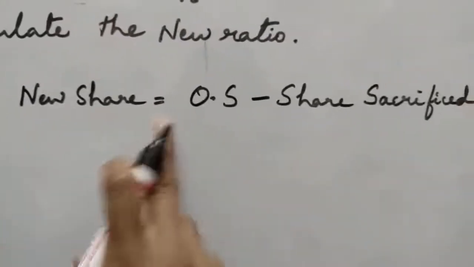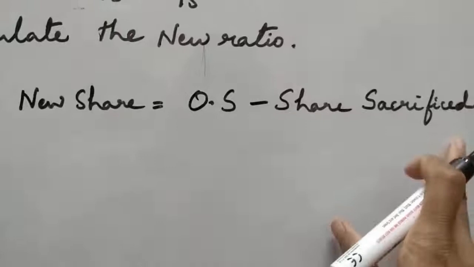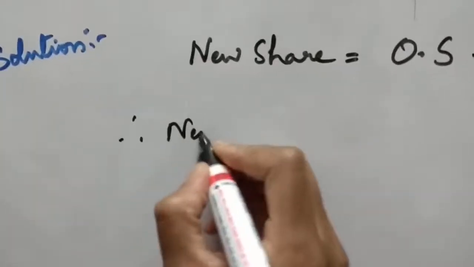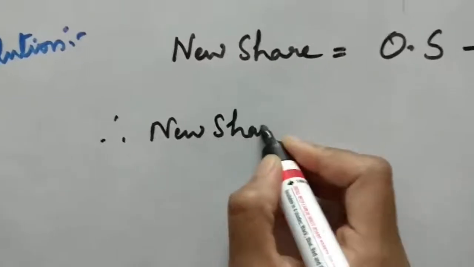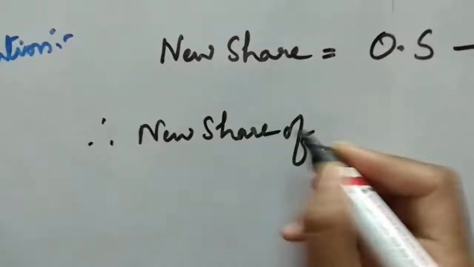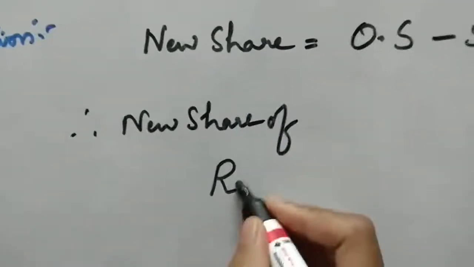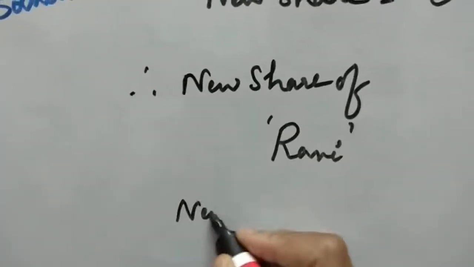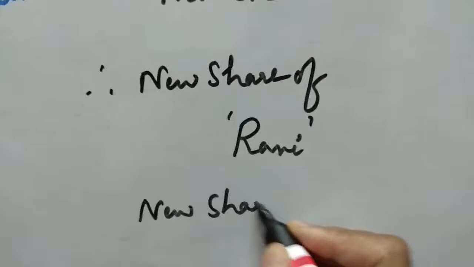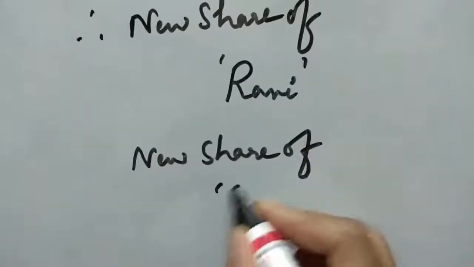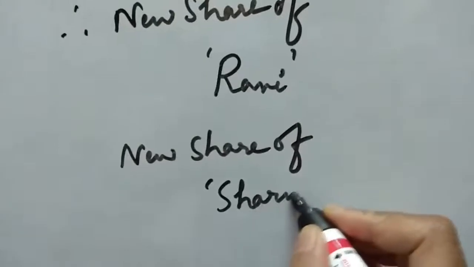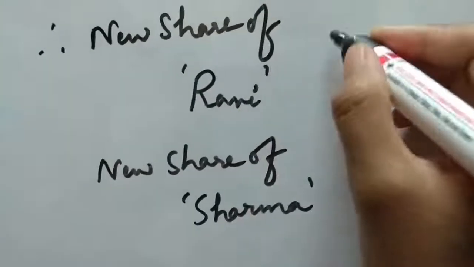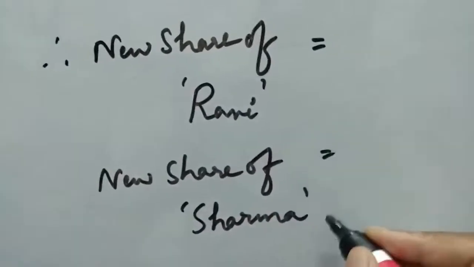So new share is equal to old share minus share sacrificed. Now, therefore, new share of the first partner, Ravi, then new share of the second partner, Sharma.